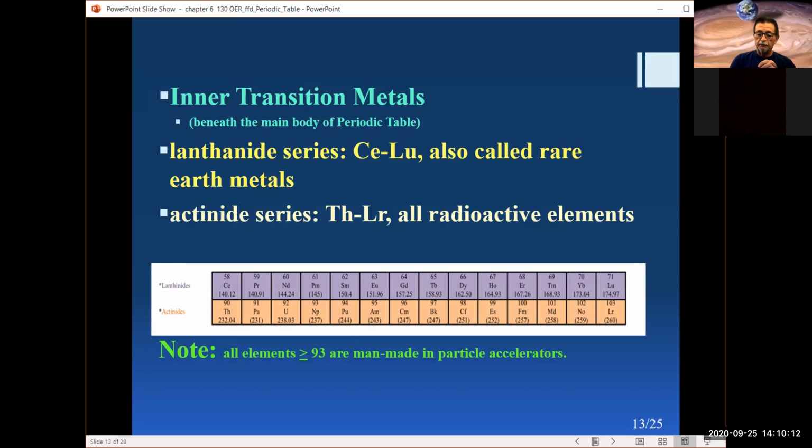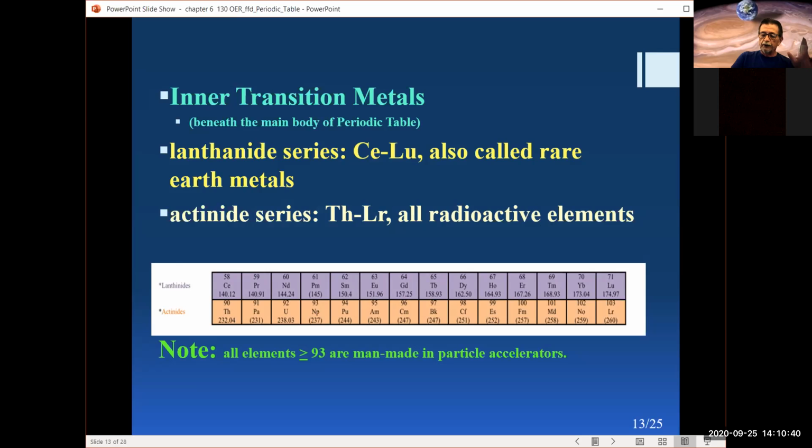You'll see the atomic weight, excuse me, is in parentheses. Those elements you find in parentheses are radioactive and difficult to actually calculate their specific atomic weight. So you'll see them in whole numbers there as far as your atomic weight is concerned.